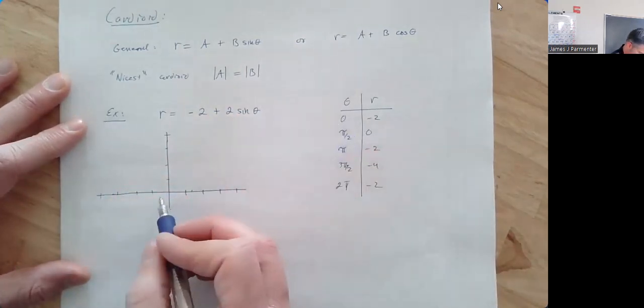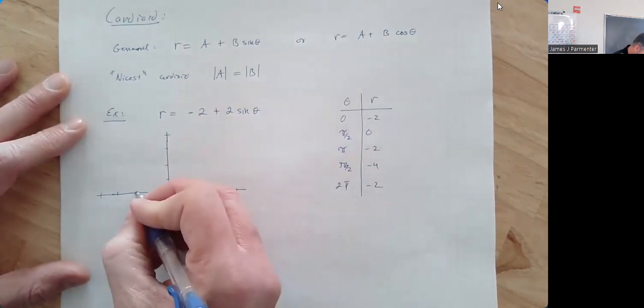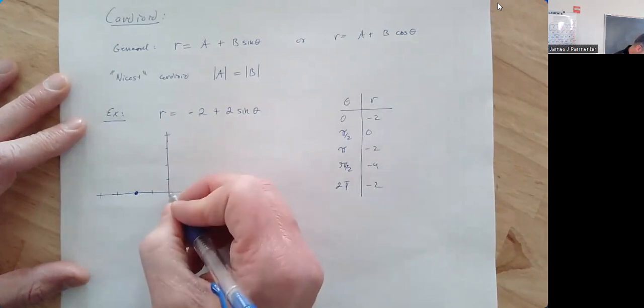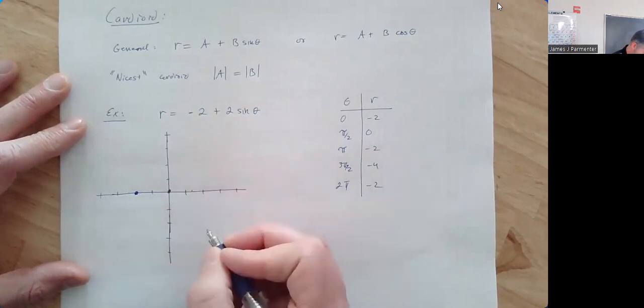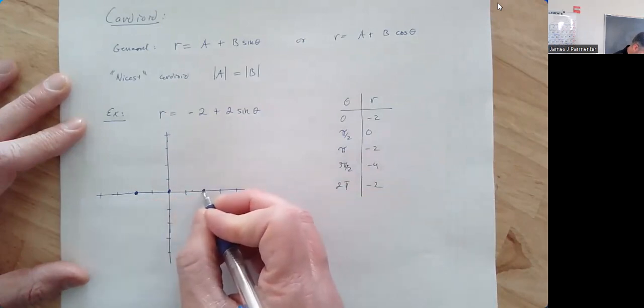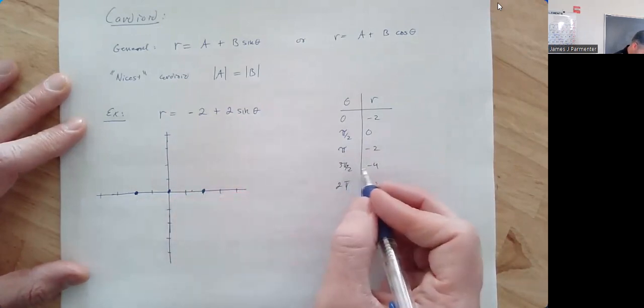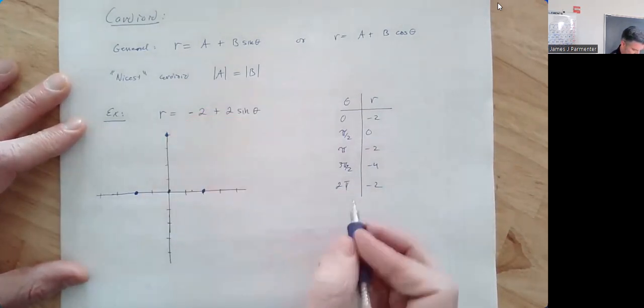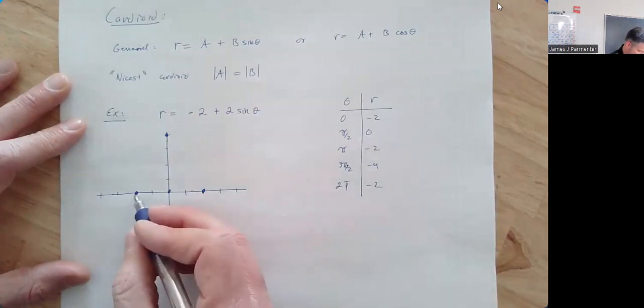When my angle is 0, I'm giving -2. When my angle is pi over 2, I'm going to get 0. When my angle is pi, I'm going to get -2. So I'm over here now. When my angle is 3 pi over 2, I'm going to get -4. So up here, when my angle is 2 pi, I'm back to -2, which is again over here.